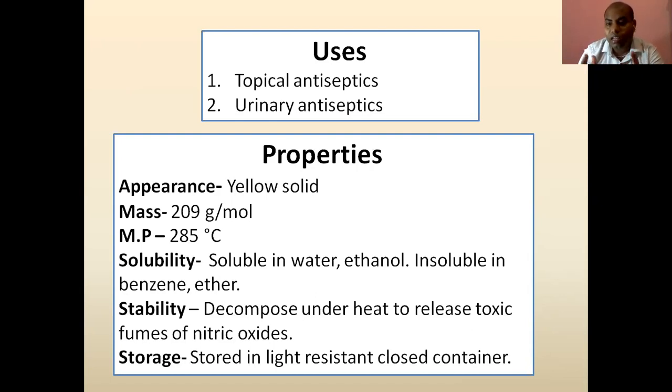These form fumes in brown or other colors, and they are toxic for our respiratory system. So any compound having nitrogen is generally oxidized in the presence of oxygen at high temperature and releases toxic oxides of nitrogen.